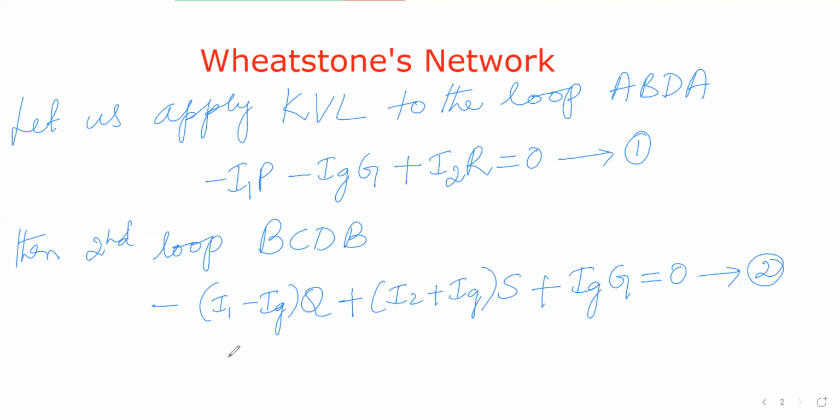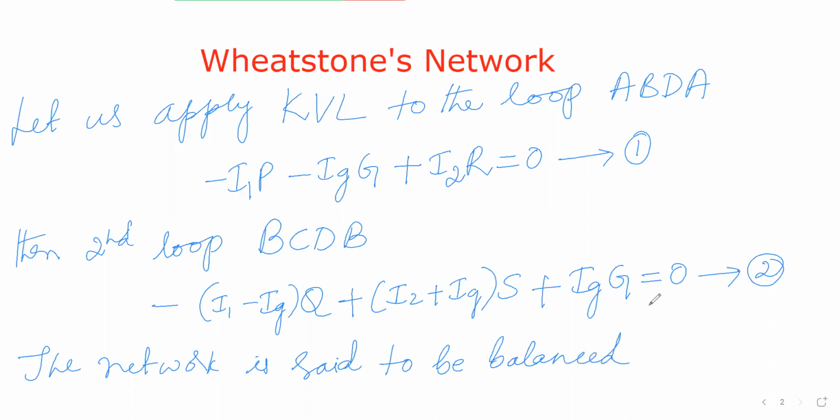And we should understand one important point here. The network is said to be balanced when the current through the galvanometer G is 0.